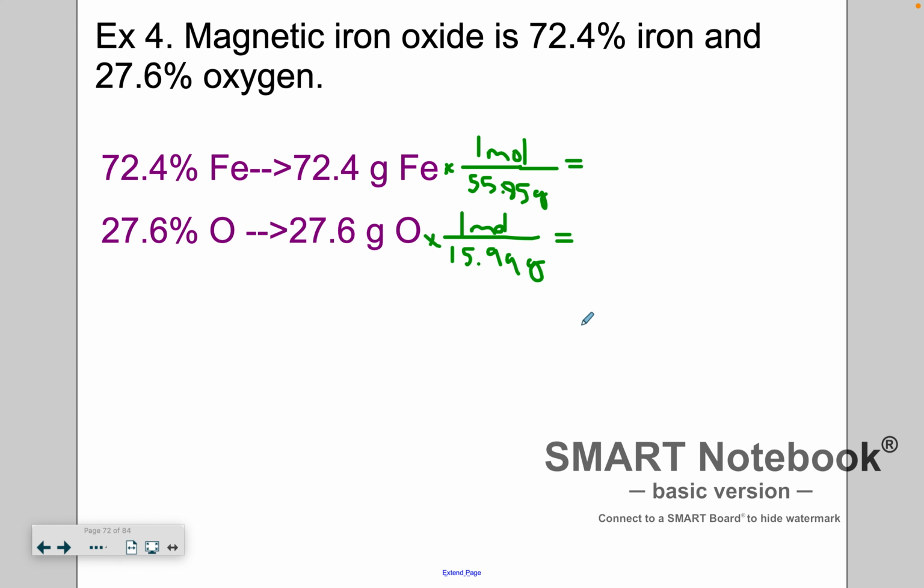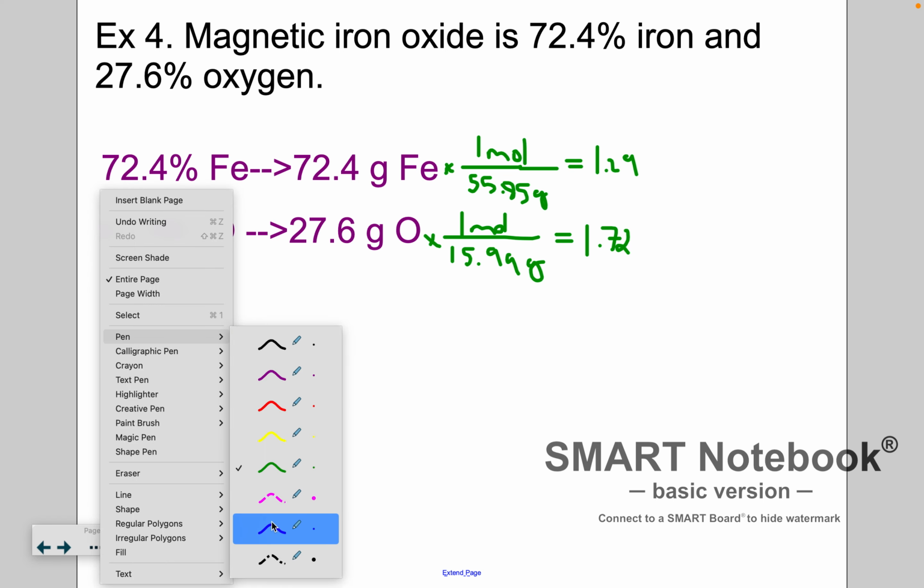Okay, 72.4 divided by 55.85, I get 1.29. And then the 27.6 divided by 15.99, I get 1.72. Okay, so that's the second step.